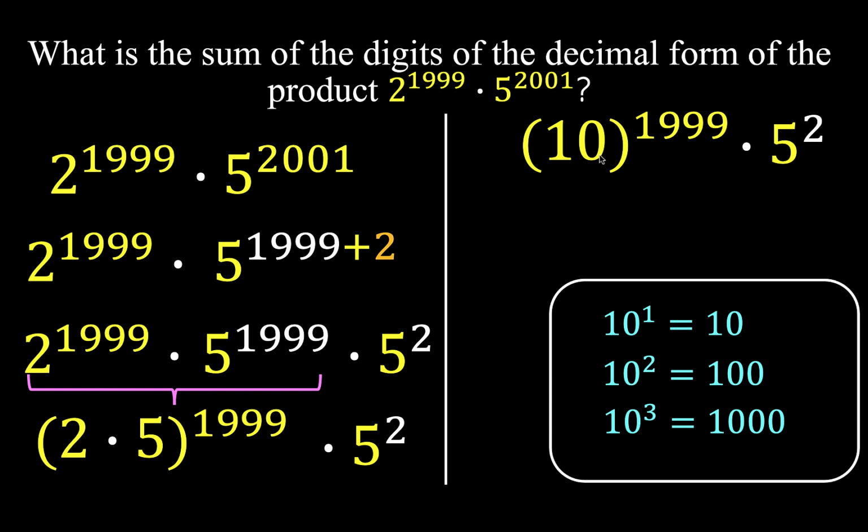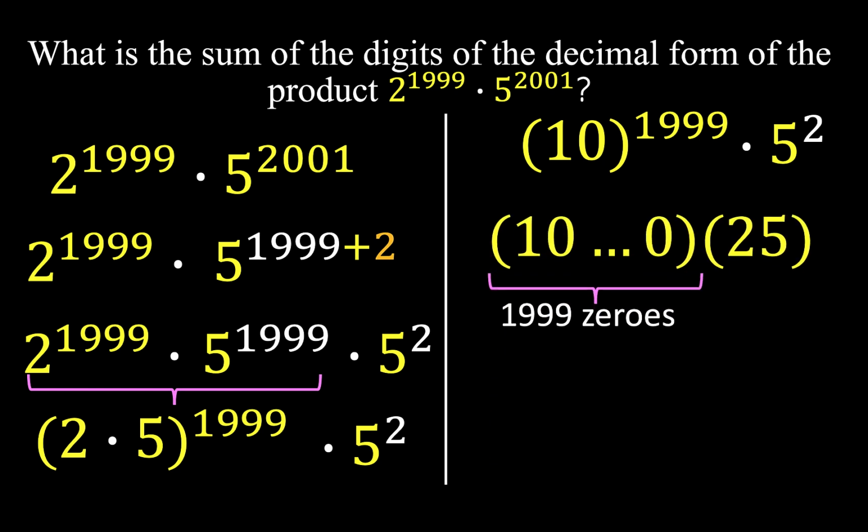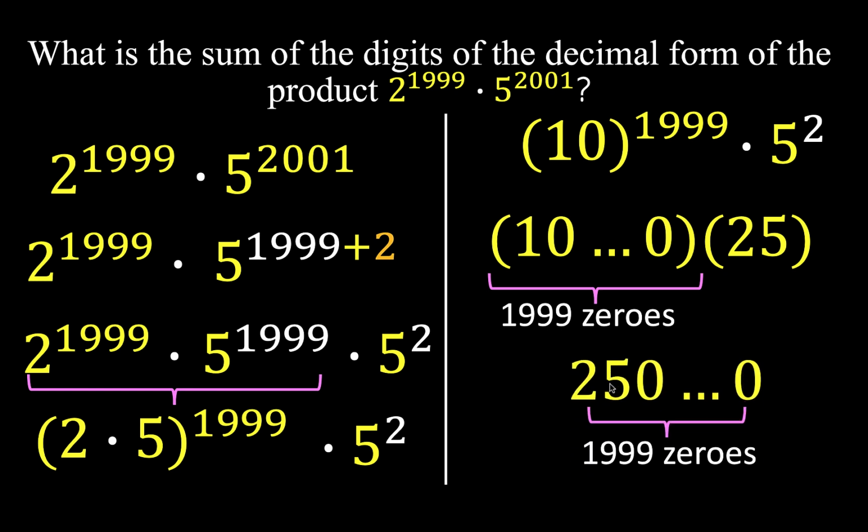That means if we write this in decimal form, this would be equal to 1 followed by 1999 zeros, and 5 squared is equal to 25. And multiplying 25 times this number, starting with 1 followed by 1999 zeros, the result would be 25 followed by 1999 zeros. So this number has a very long numeral.